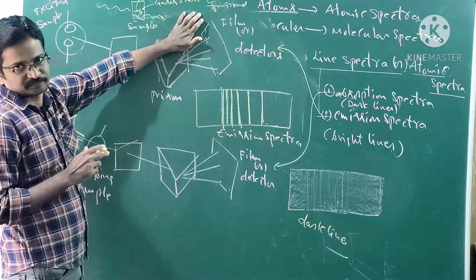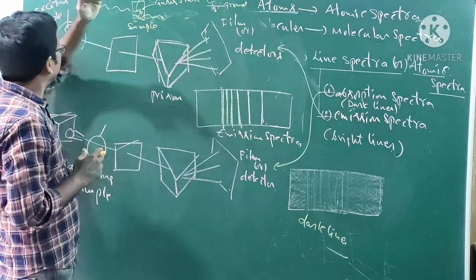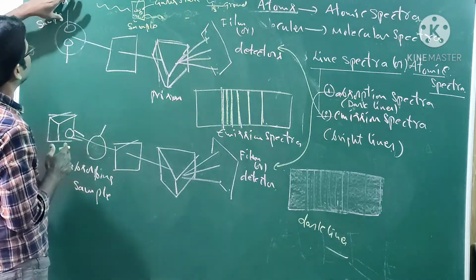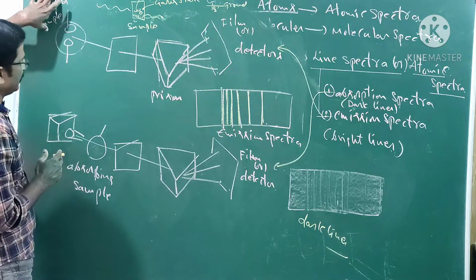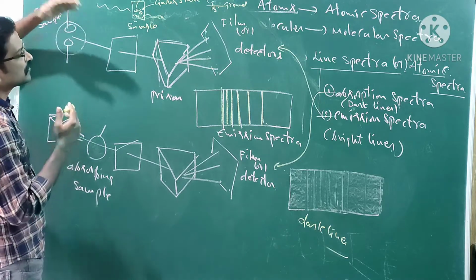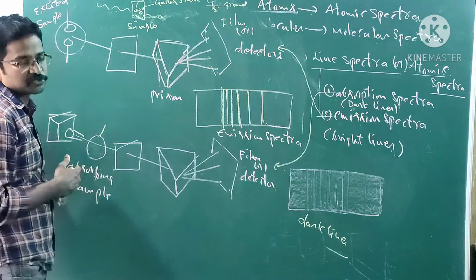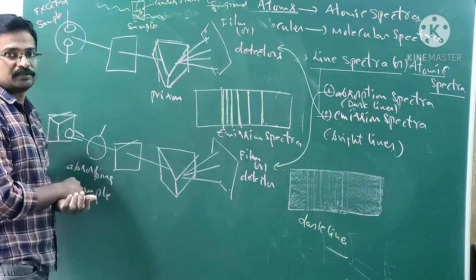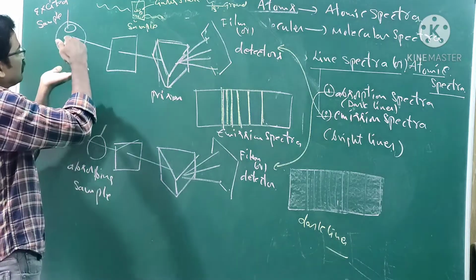The ground state electron in a particular atom goes to a higher energy state. That excited electron, after some time, returns to the ground state.